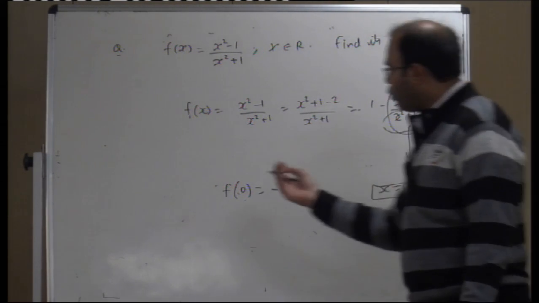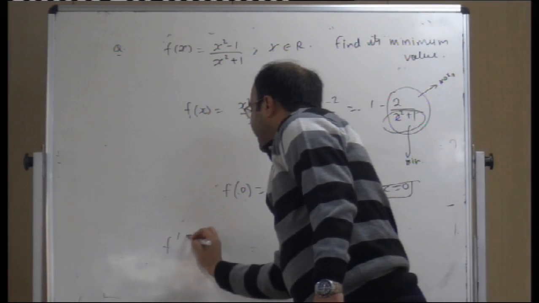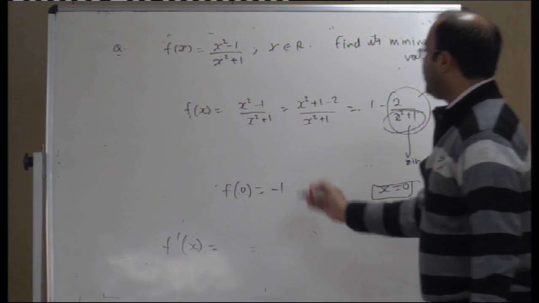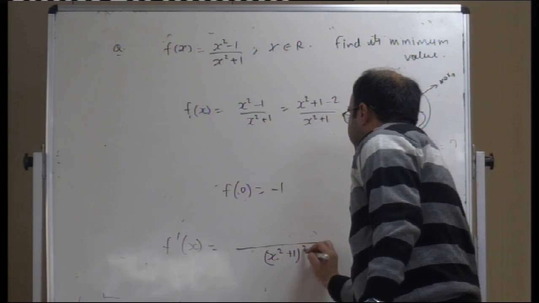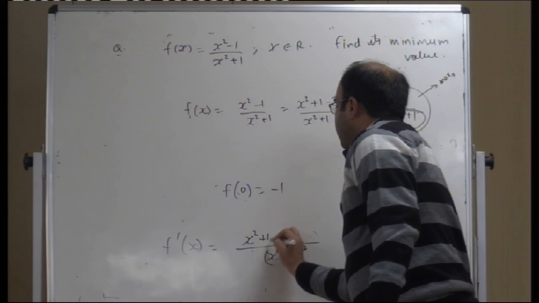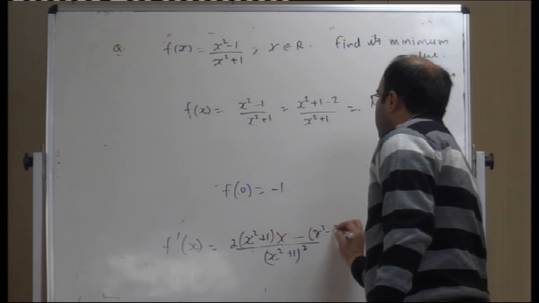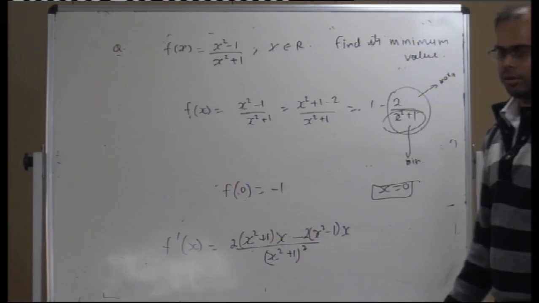Now you have to do it again by, let's say, first derivative, or second derivative as the case arises. So when we differentiate it, what will become: (x square plus 1) whole square into (x square plus 1) into 2x minus (x square minus 1) into 2x. This is our quotient rule we have applied on derivatives.